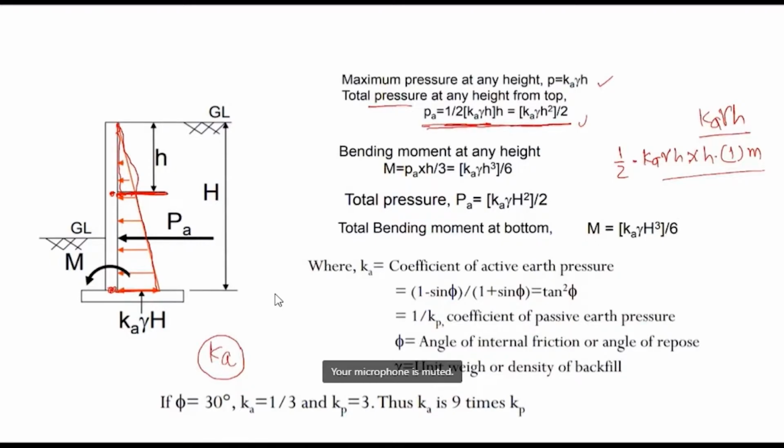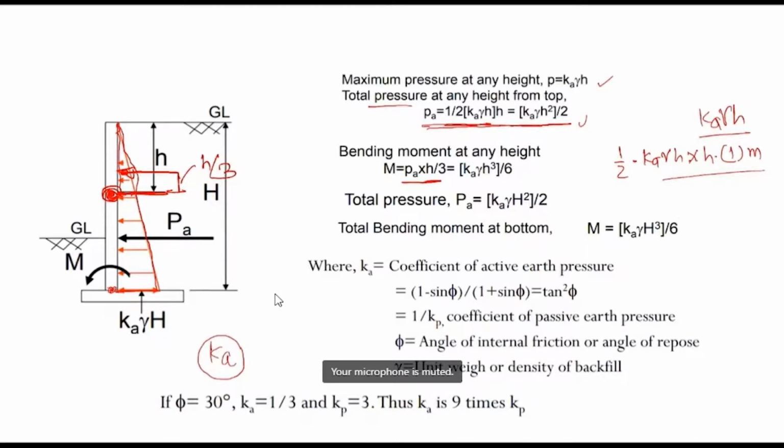1 meter strip. So the bending moment at any height: this is the pressure, and it will act at h by 3 from here. So if we want to know the bending moment at this location, it will be this pressure Pa into h by 3 lever arm.